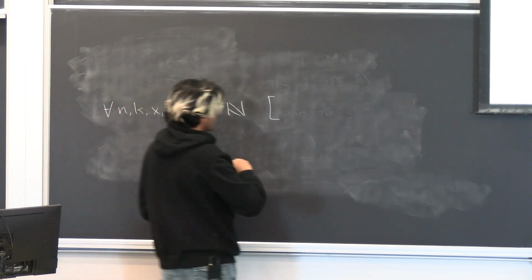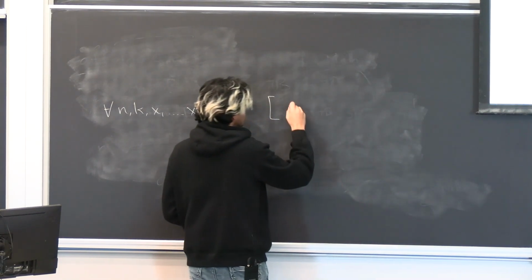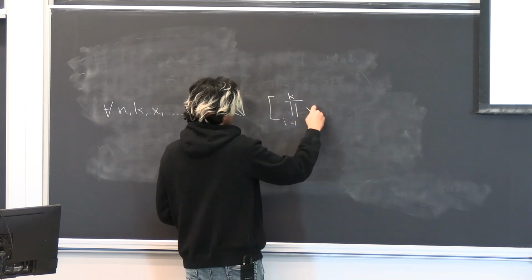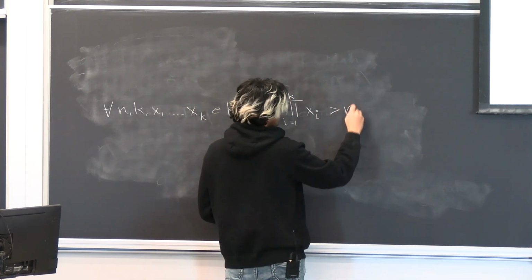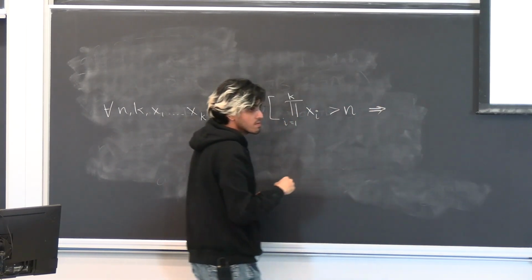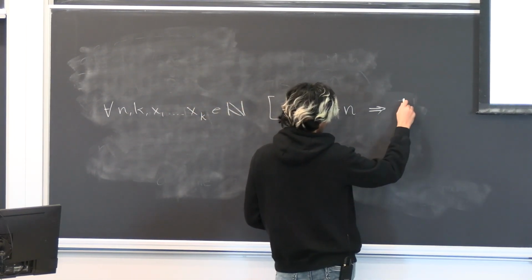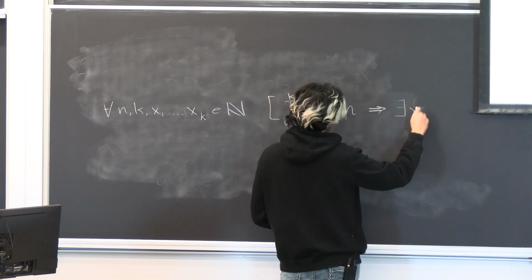Okay. And what was the implication? Does anyone remember? So x1 times x2 until xk is greater than L. And then there exists xi.